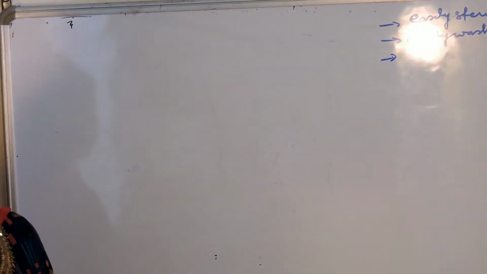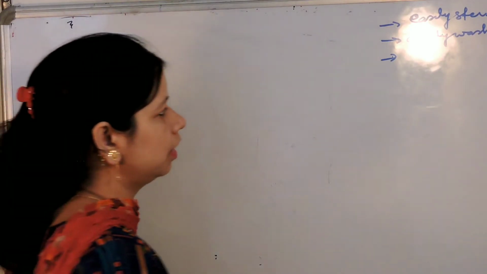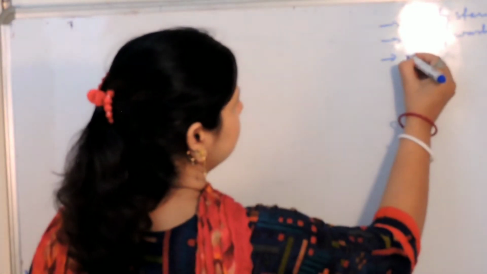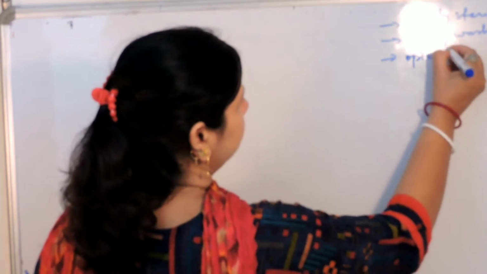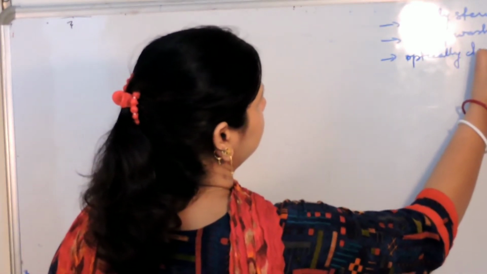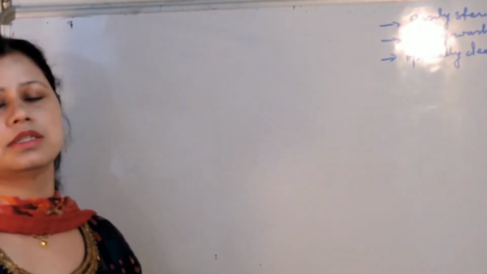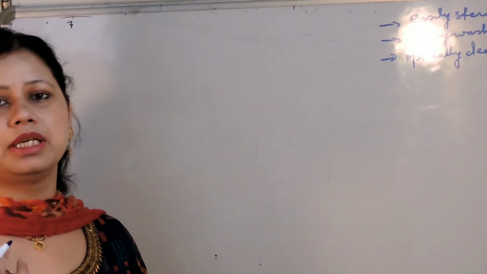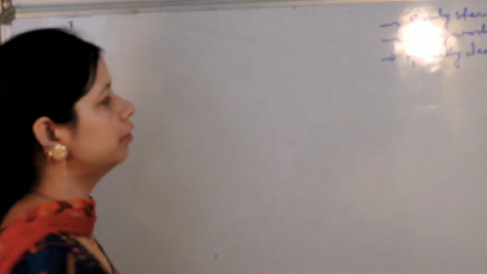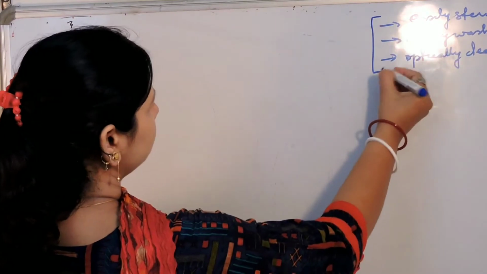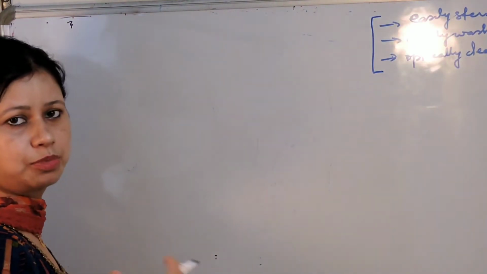So it helps in microscopic examination very easily. These are the reasons why glass is the most common substrate used for animal cell culture.